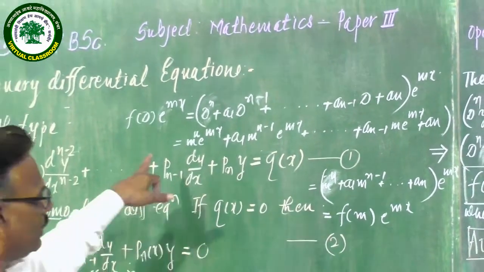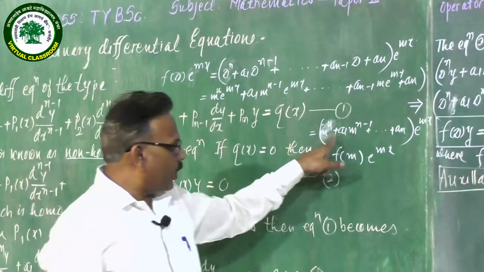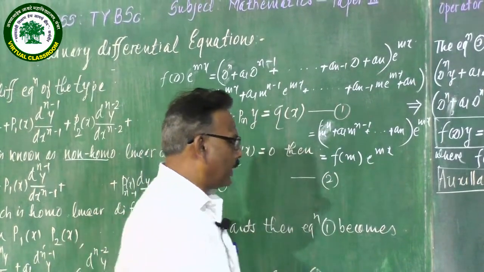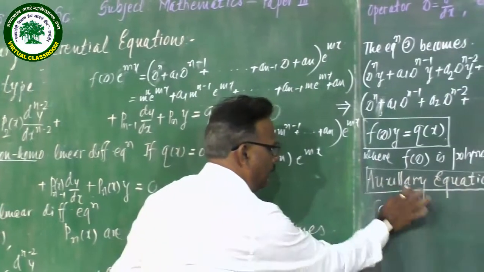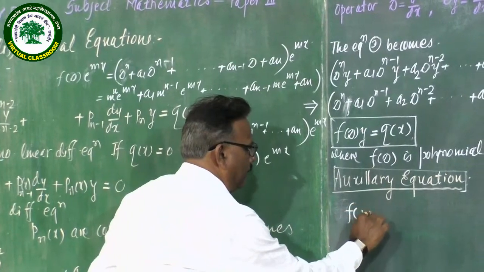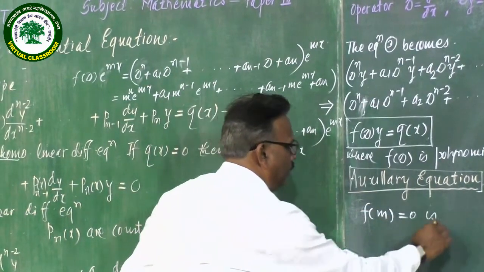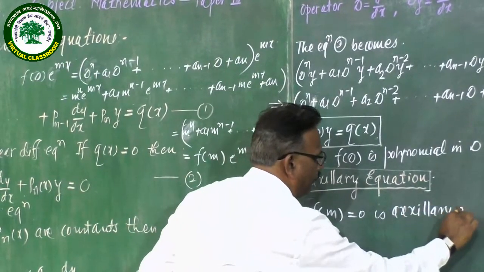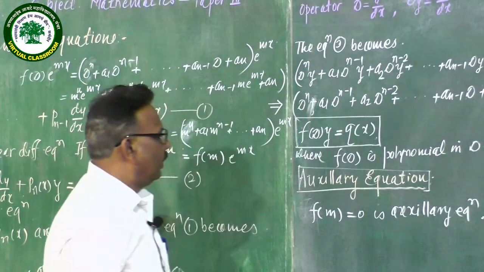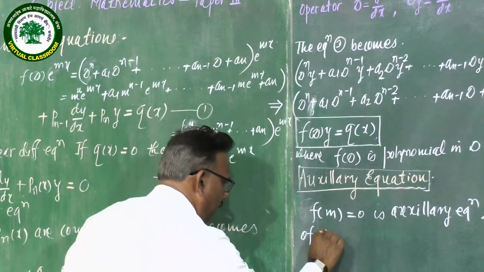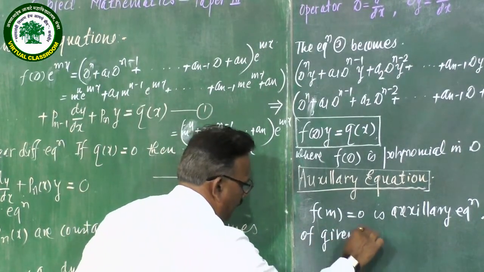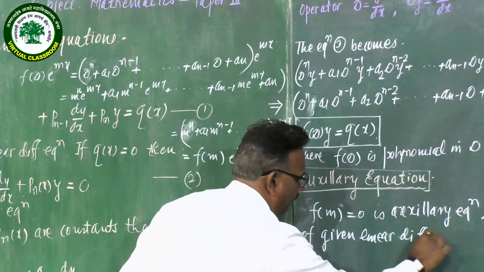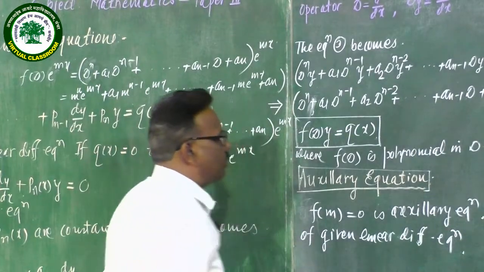E raised to mx is the solution, and the bracketed quantity is a polynomial in m. Therefore, f of m is equal to 0 is the auxiliary equation of the given linear differential equation with constant coefficients.